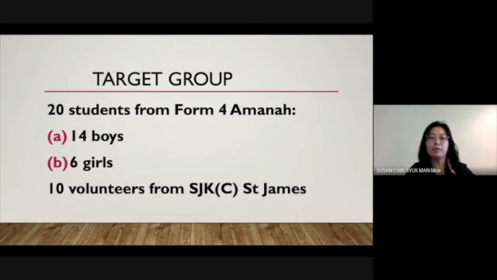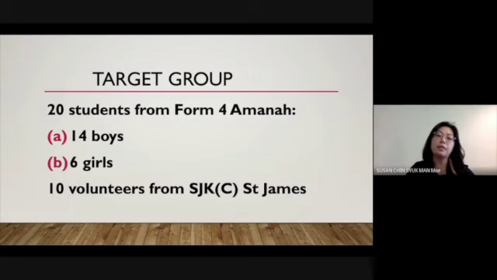I have two different target groups. The first group was 20 students from my own class, consisting 14 boys and 6 girls. And add on, I have 10 volunteers from SJKC St. James, ranging from primary 3 to primary 6.